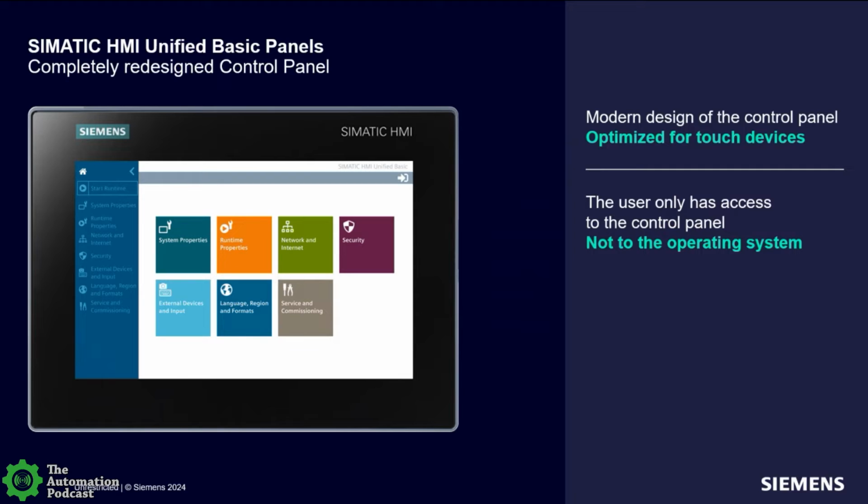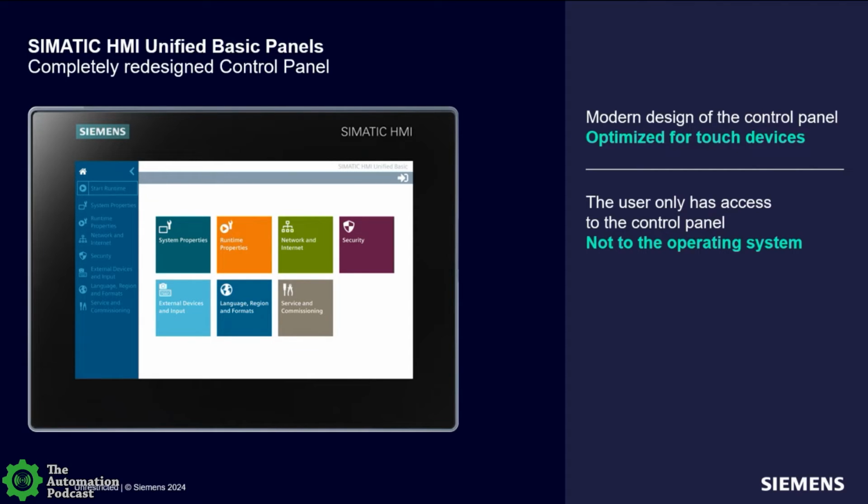You can also lock out a user from making modifications to the control panel, because with the user access levels now defined in TIA Portal, you can actually define a maintenance or an admin level user as the only thing that can do any control panel level changes.